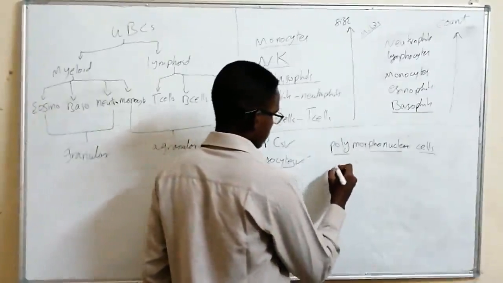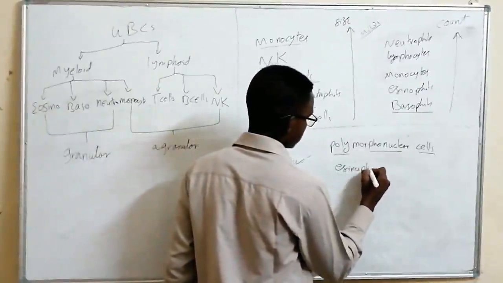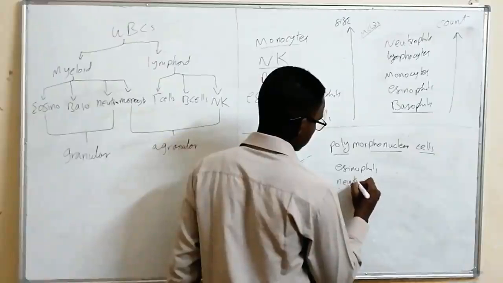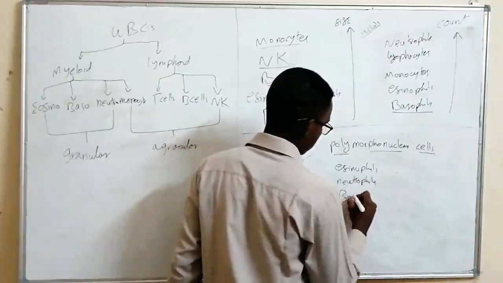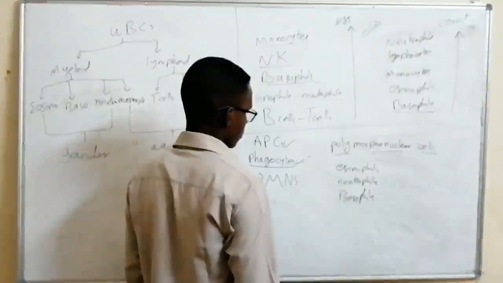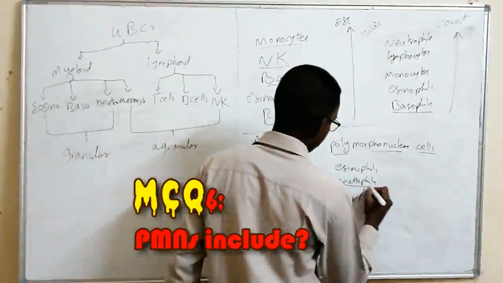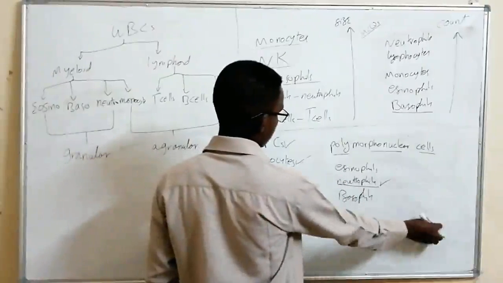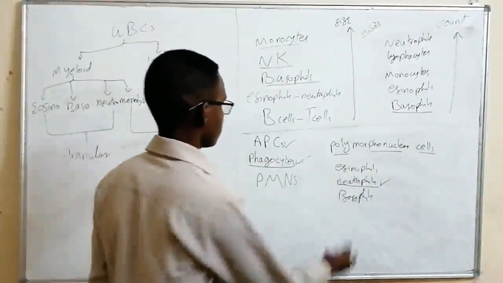Examples of these are eosinophils, neutrophils, and basophils. Generally speaking, when you hear the term PMNs, they most often refer to neutrophils, but all of them are considered to be polymorphonuclear cells.